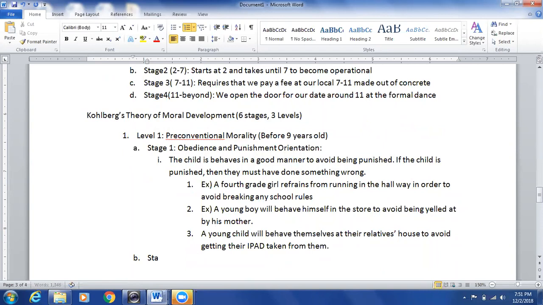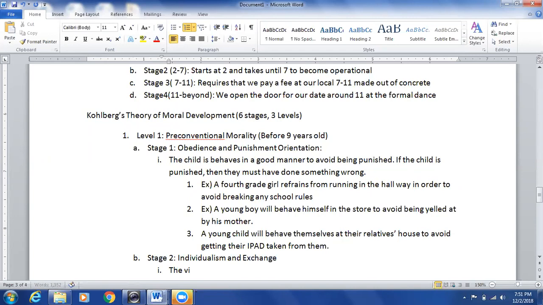And then the next stage is stage 2, which is individualism and exchange. And what does this look like?